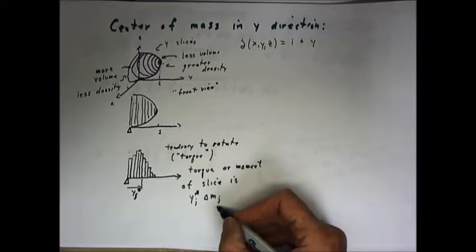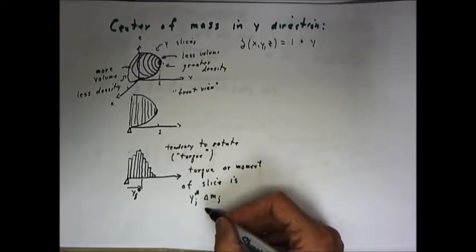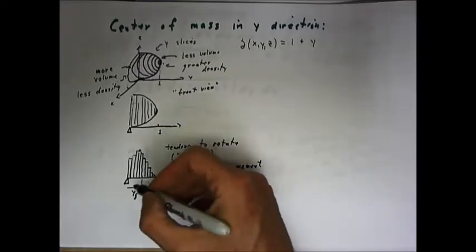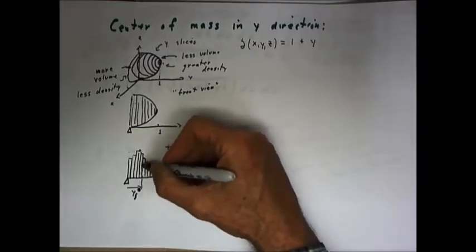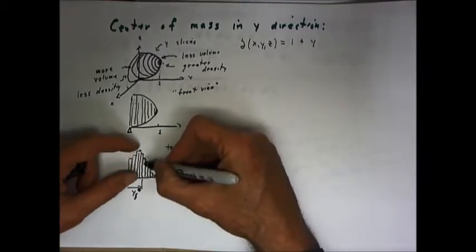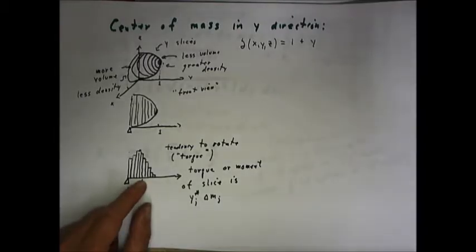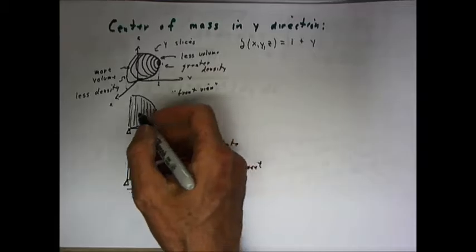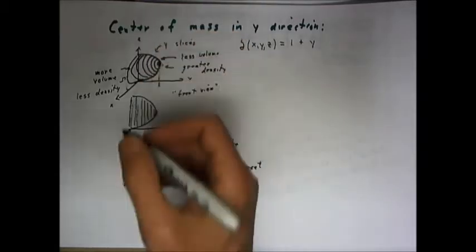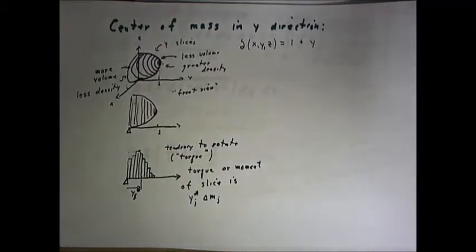Now, the mass in the jth interval consists of the contributions to the mass within the given j subinterval, which itself consists of a bunch of delta x by delta z volume increments.